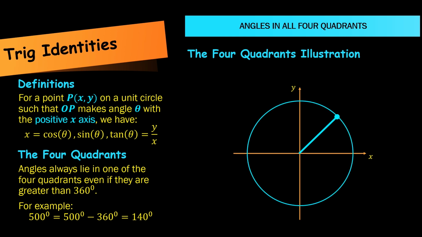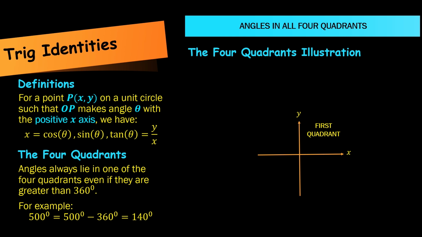And here's a point on the unit circle. And theta is the angle corresponding to this point on the unit circle. X is equal to cos theta, as we've defined it, and y equals sine theta, as we've defined that also. This is the first quadrant, and we begin at 0.